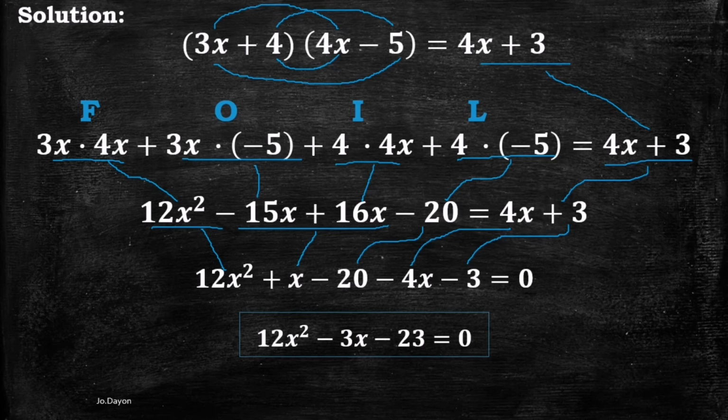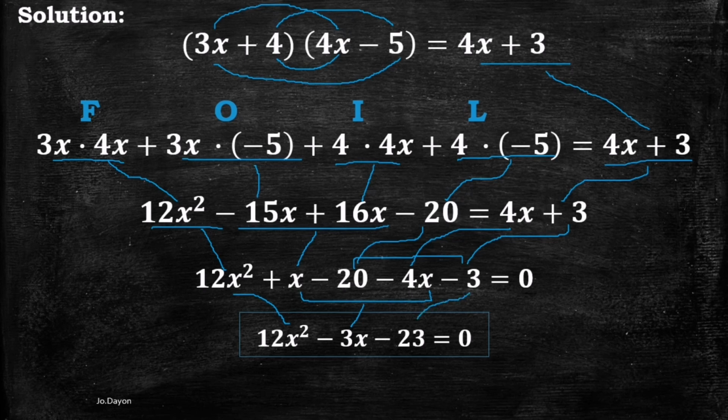Then let's check if there are terms that we can still combine. So 12x squared, no other term with x squared, so you copy 12x squared. Then x and negative 4x, we can combine these. So the answer for that is negative 3x. Lastly, we have negative 20 and negative 3, and the answer for that is negative 23.